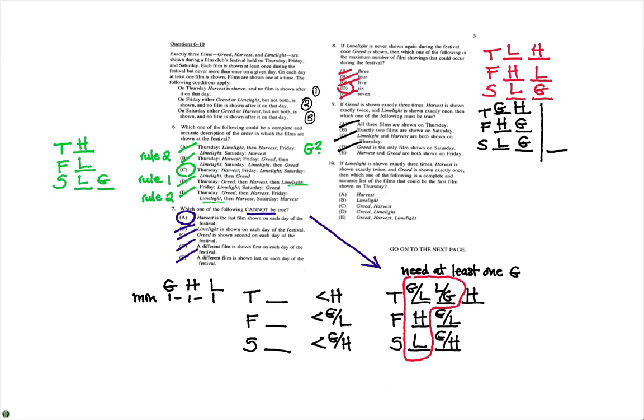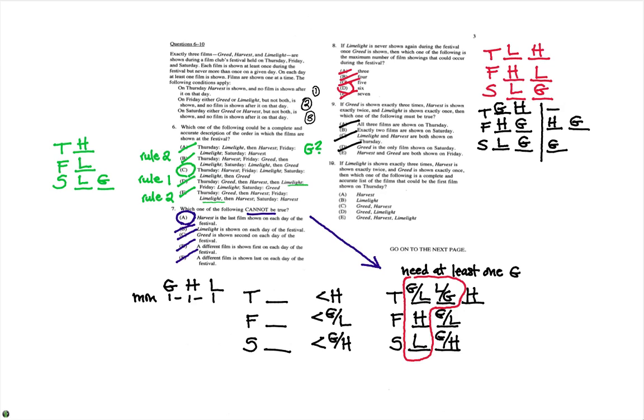That 1 film would have to be greed, because greed shows up 3 times according to the question stem in question 9. Then obviously we know that greed comes on Friday as well. Limelight is out, so the only possibility is harvest.